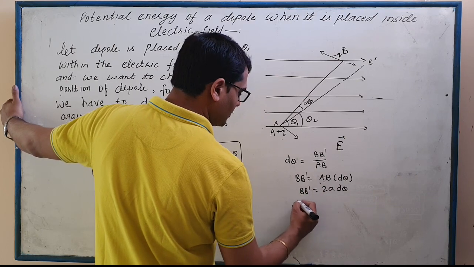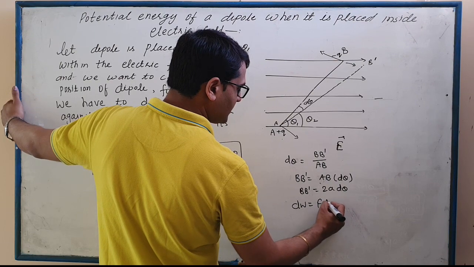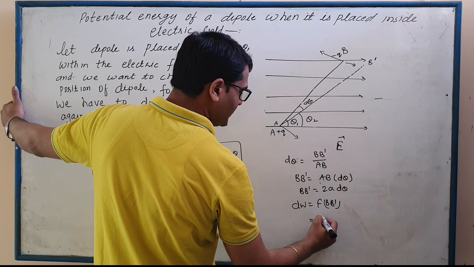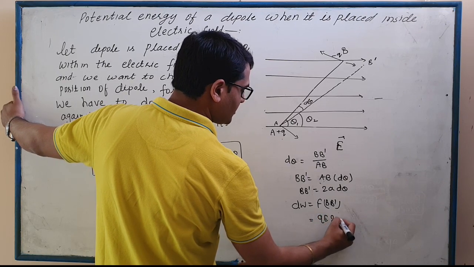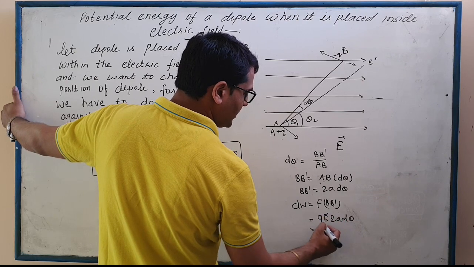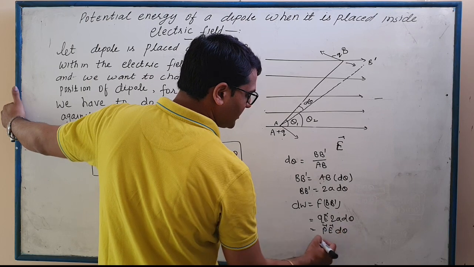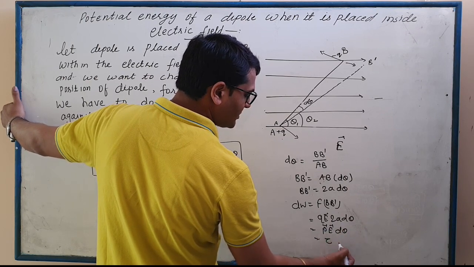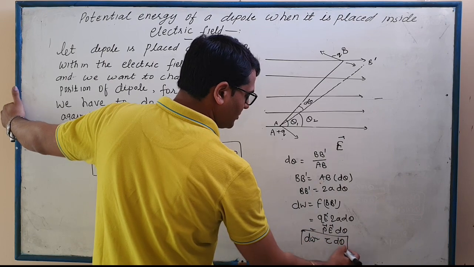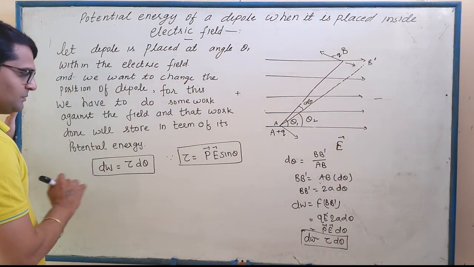And what is the formula for work done? Force into displacement. For this, F is Q into E, and the displacement is 2A into d theta. So this gives us 2A into Q, that is P, into E into d theta. But P into E is the torque for the stable equilibrium. So torque into d theta equals dW. That's why we wrote this formula directly.